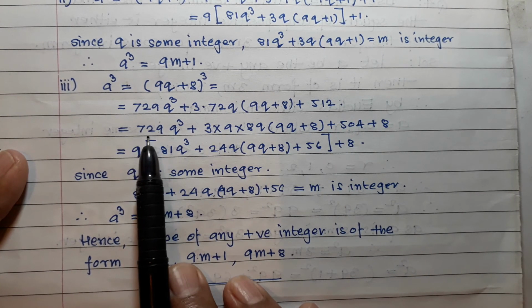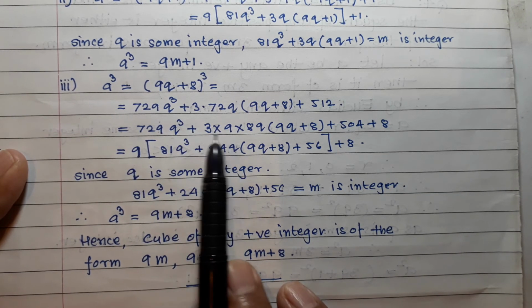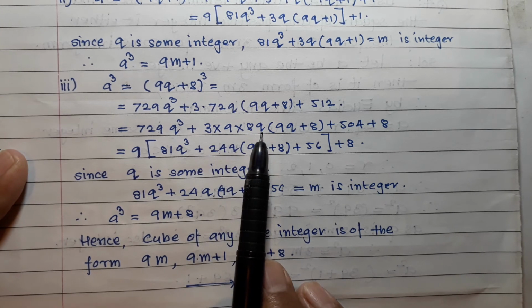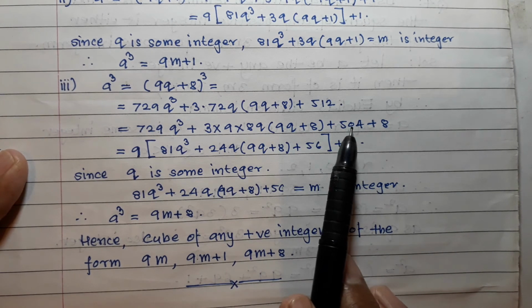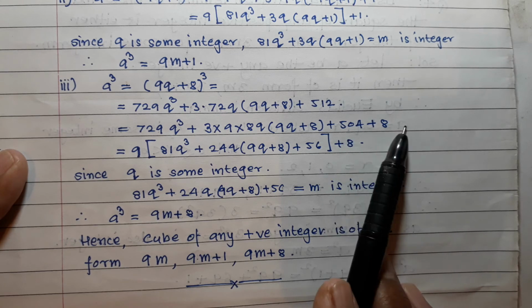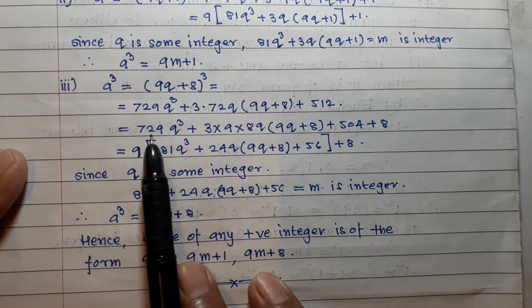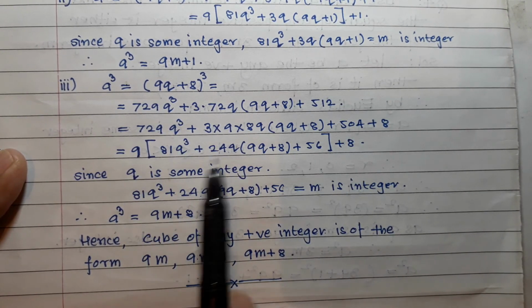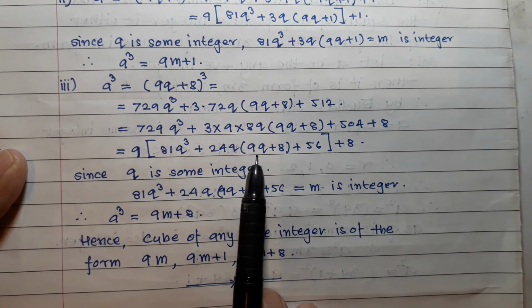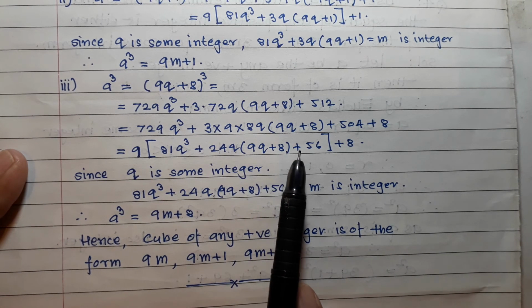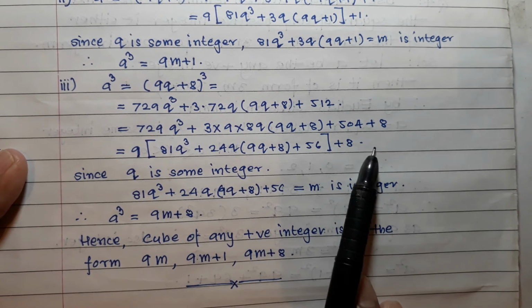Then take 9 common from all of these, so 9 into bracket 81q cube + 24q into bracket 9q + 8 close bracket + 56 close this bracket also, plus 8.